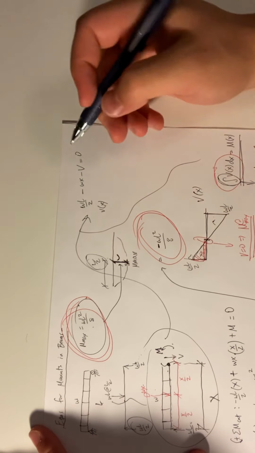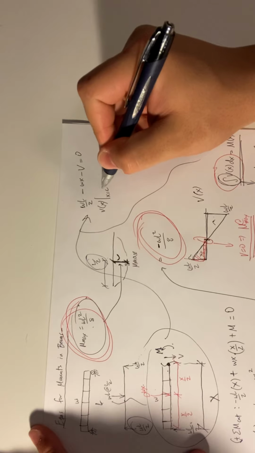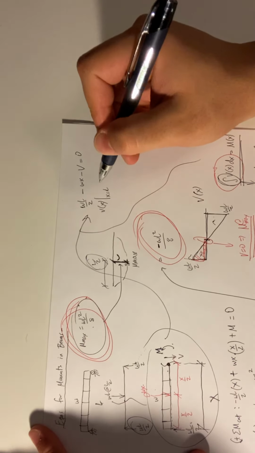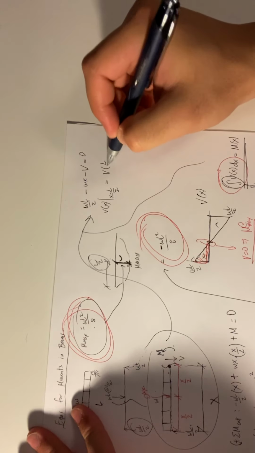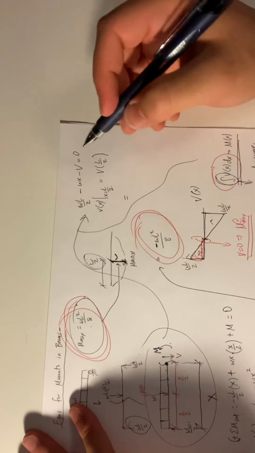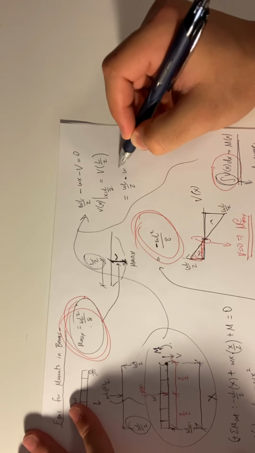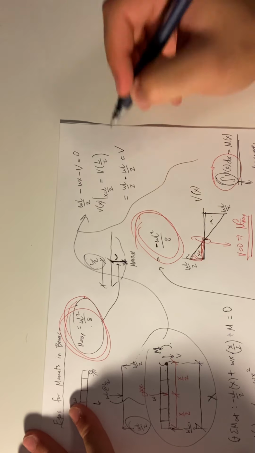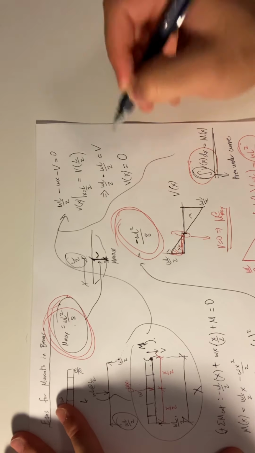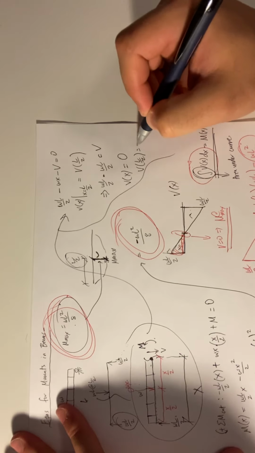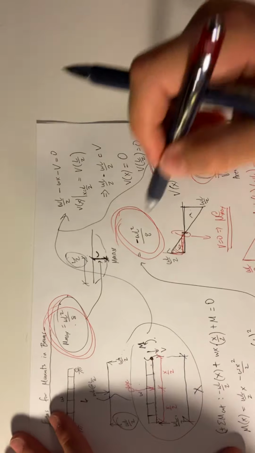So your V of X evaluated at X equals L over 2, same thing, you can write it like this, equals WL over 2 minus WL over 2 equals V. So V of X equals 0. So V at L over 2 equals 0. There you go. Now we proved it again.